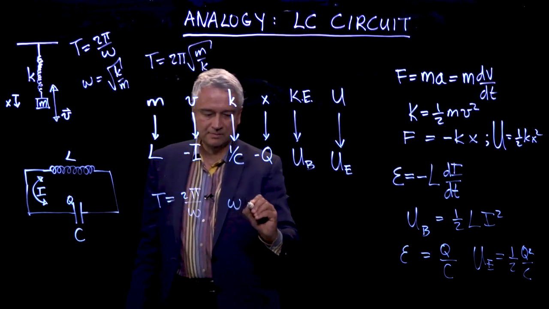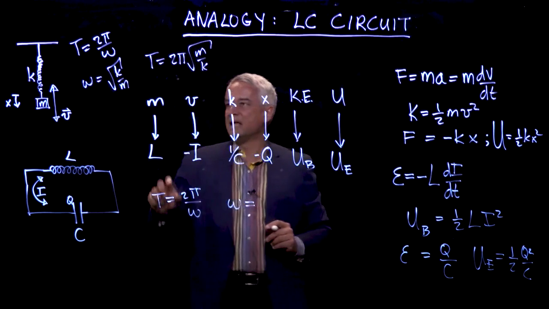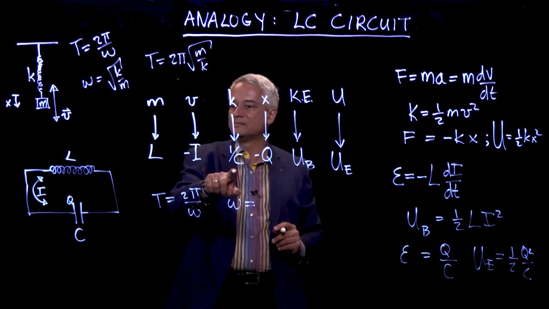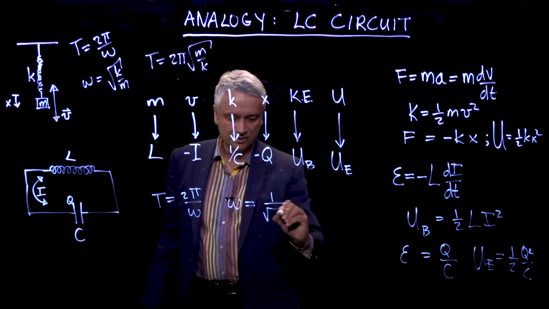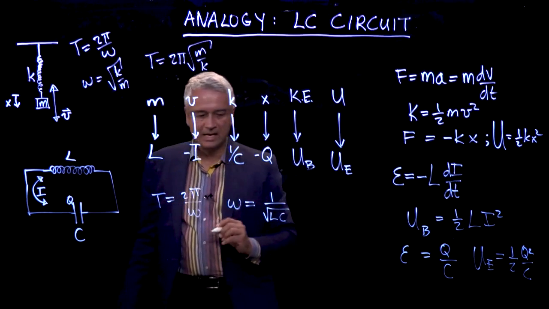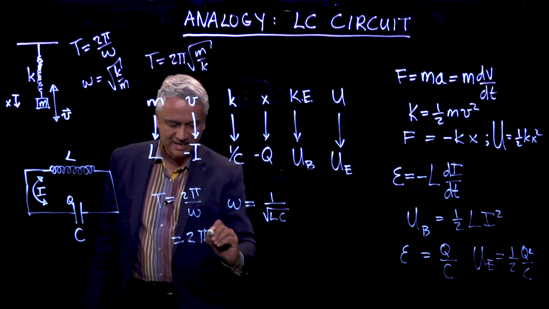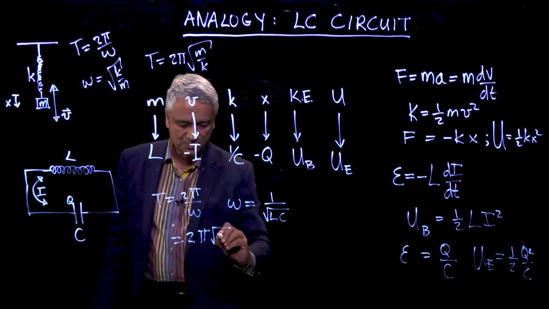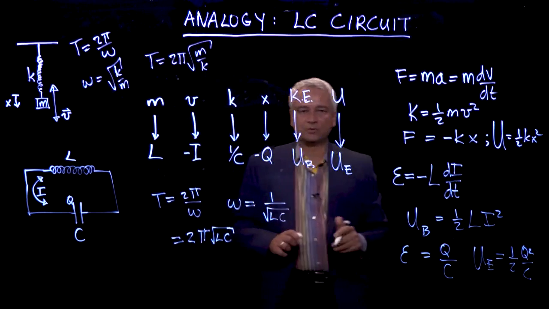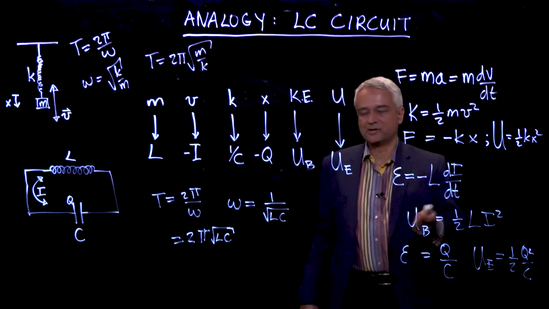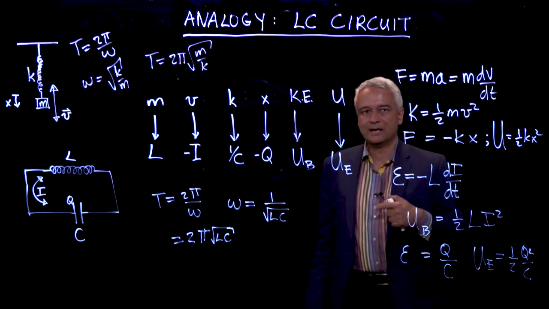But omega, the analogy says that instead of square root of k over m, if I replace k by 1 over c and m by L, that tells me that omega is 1 over the square root of LC. And that tells me that the period of the electromagnetic LC oscillator is 2 pi times the square root of LC.